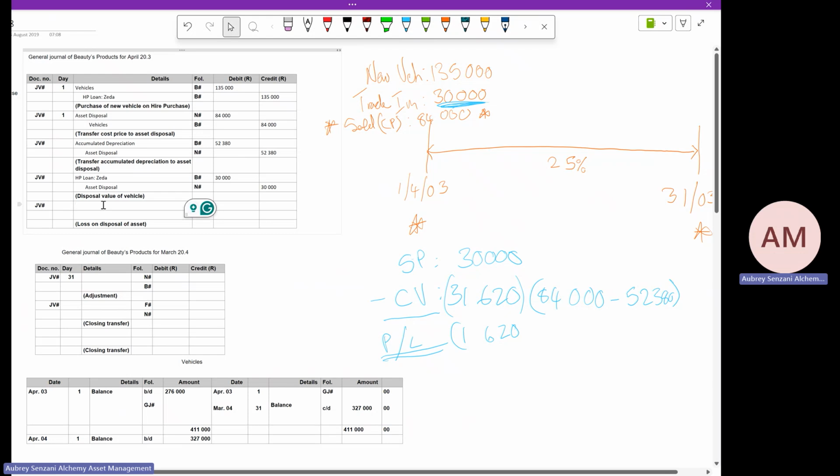And we're debiting that because a loss is like an expense. Loss on trading. And I believe the other one should be vehicles.